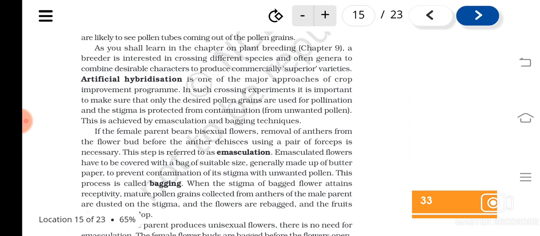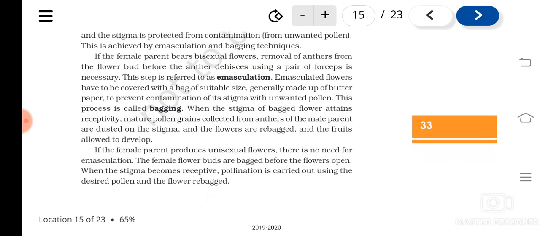Emasculation, and after that bagging, and then artificial pollination, and again it should be rebagged. And if the female flowers are unisexual, what is the advantage? There is no need of any emasculation.